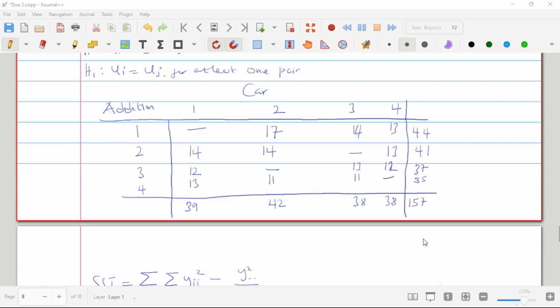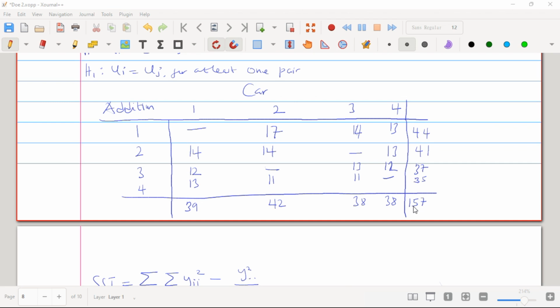Once you are done, you add the individual summations for the rows and the columns: 39 plus 42 plus 38 plus 38, and then 44 plus 41 plus 37 plus 35. You are surely going to get 157.